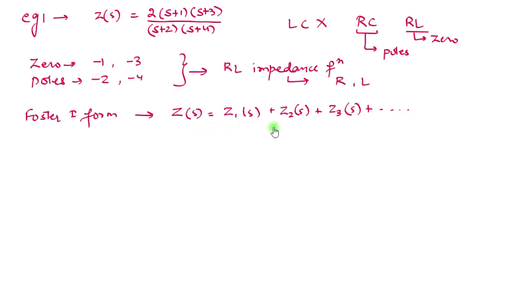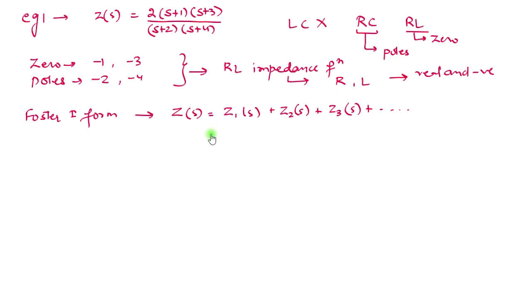But if I use partial fraction for the RL impedance function, I already know that the residues of this RL function are real and negative. That means if I perform the partial fraction with this, I will come up with Z1(s) minus Z2(s) minus Z3(s) and so on. That means I cannot perform the partial fraction directly with this Z(s).